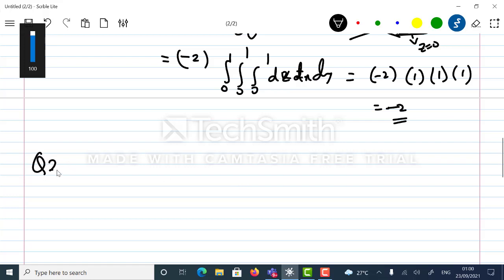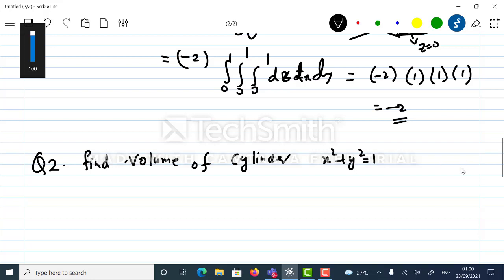So question number 2 here: find the volume of the cylinder x square plus y square is equal to 1, z between 0 and 1, using Gauss divergence theorem.